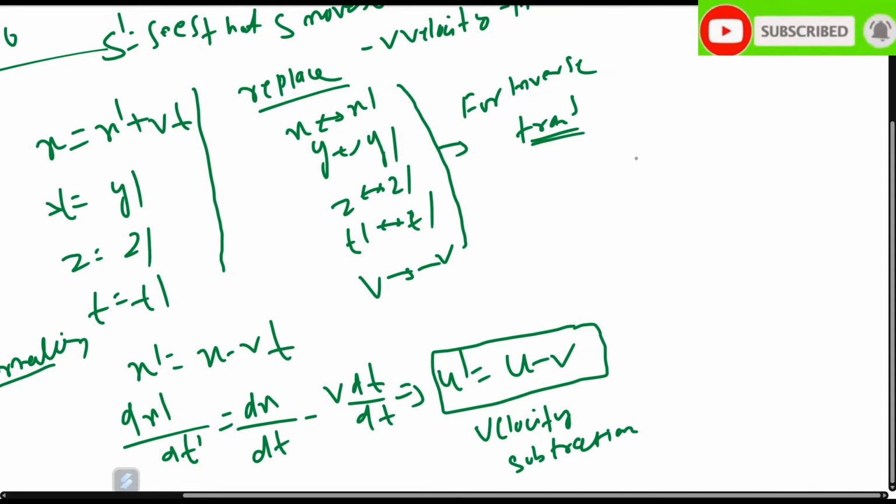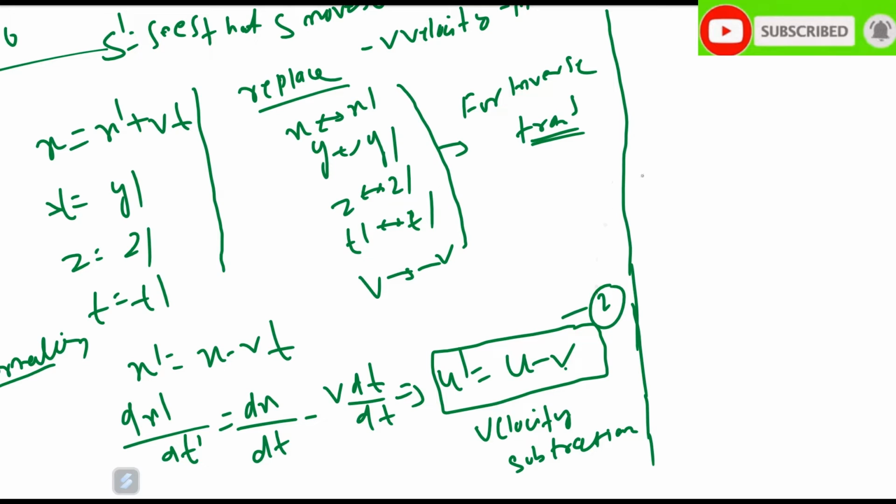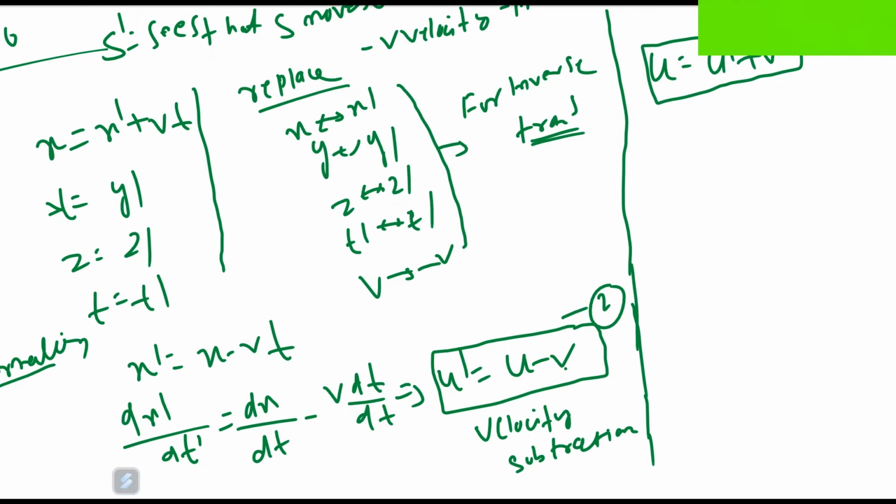Similarly, you can go back and write the equation, call it equation 2, and then you can also write u equal to u prime plus v. So this is basically your velocity addition.